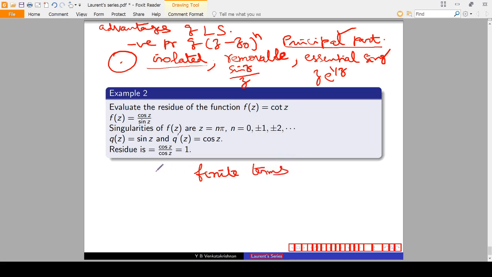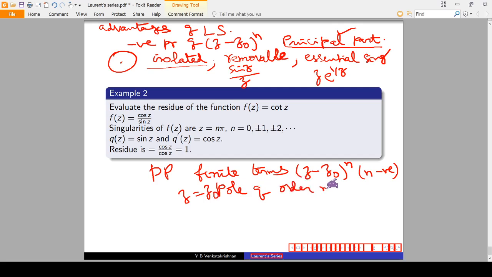If the principal part in the Laurent series expansion contains a finite number of terms of z minus z naught whole power n, where n is negative, then you call z equal to z naught a pole of order m.